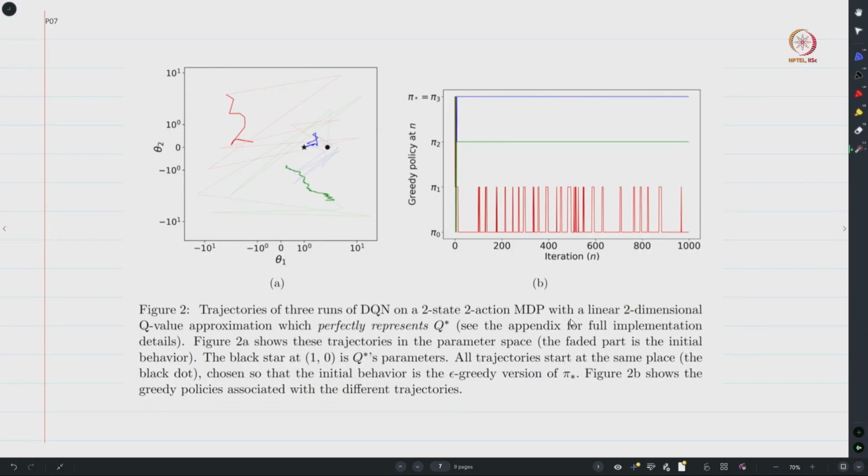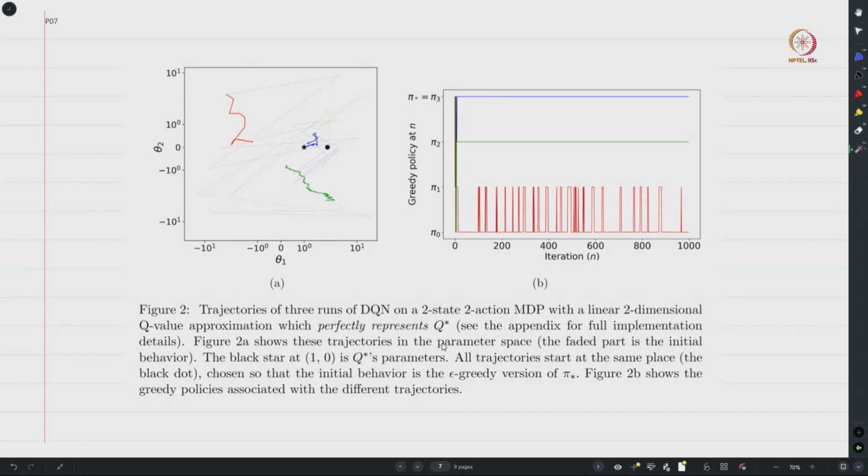So we work with a linear function approximation where the column space of phi is 2 dimensional, and in this setting we additionally ensured that the column space of phi has q star. In other words, we ensure that one of the columns of your phi matrix involves q star.